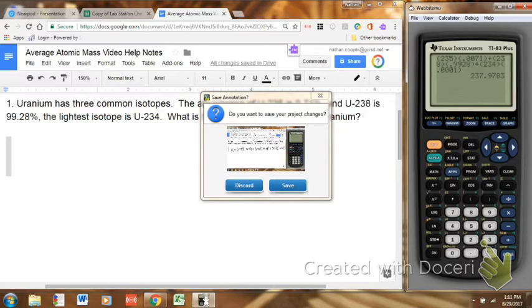The average atomic mass of uranium, I'm going to round to 3 decimal places, 237.978.